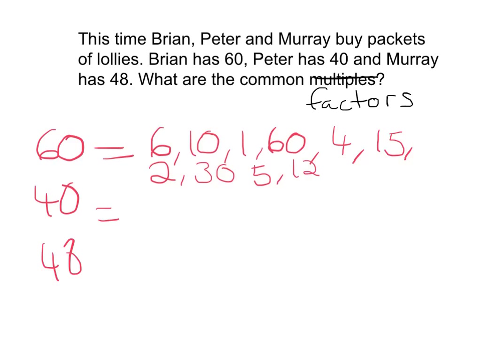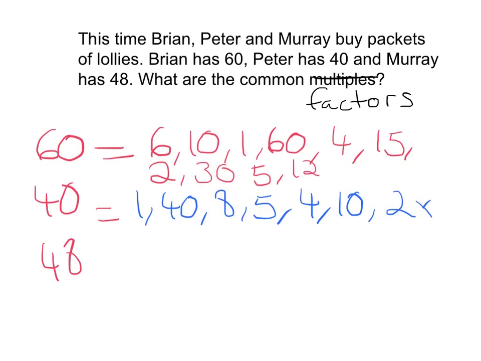For 40, and I might change to a different colour so we can differentiate it, we've got 1 and 40, 8 and 5, 8 times 5 is 40. 4 times 10 is 40. 2 times 20 is 40.